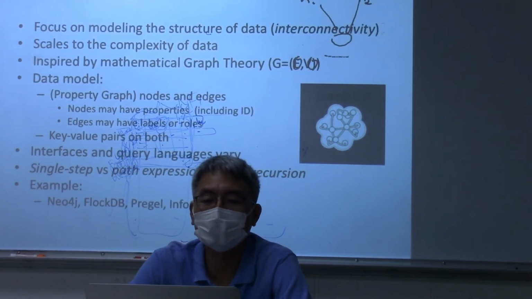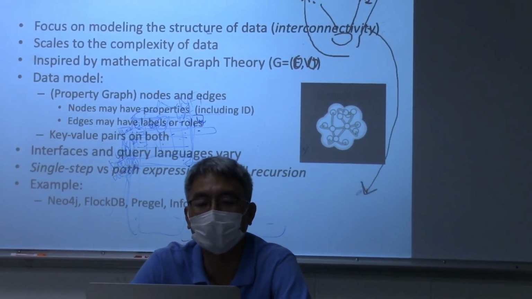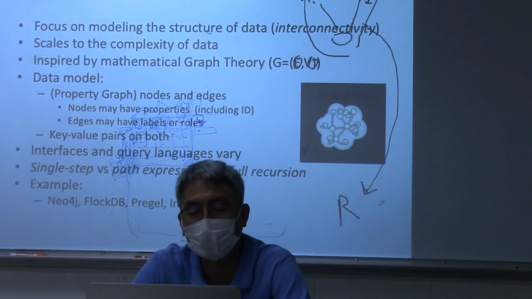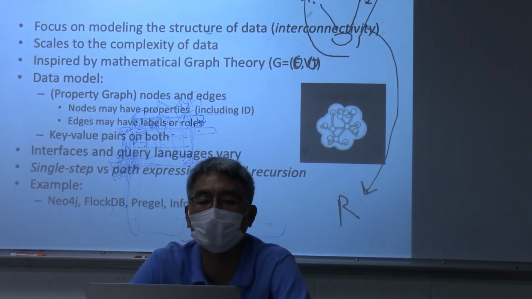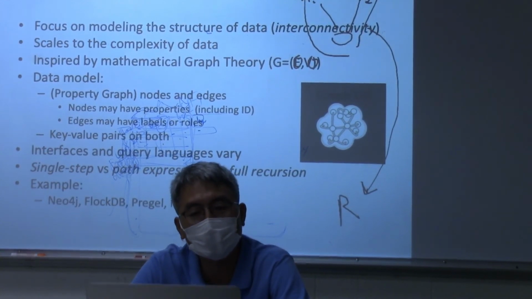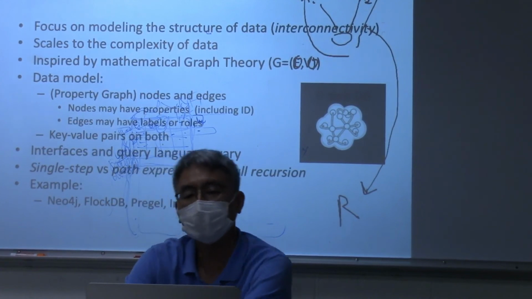Unfortunately, it's not simple to store this data in the relational model. You can do that, or even use column-based, but the edge represents the relationship between the nodes.